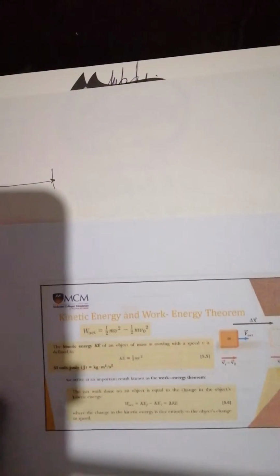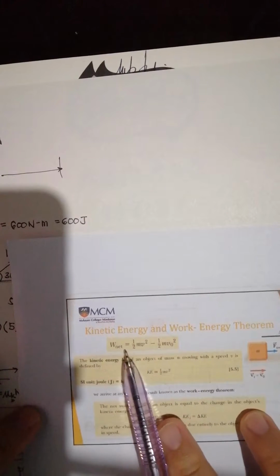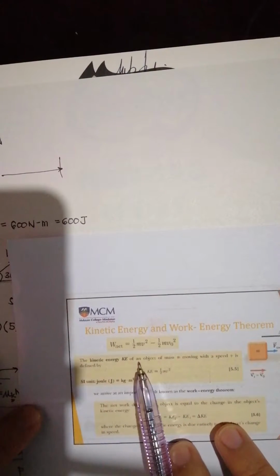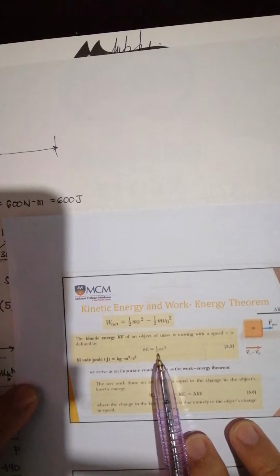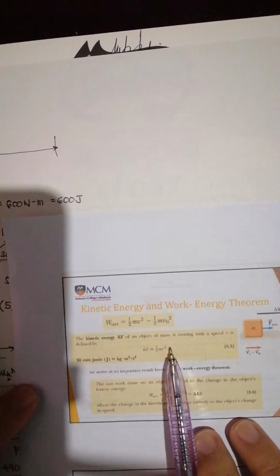Okay, let's proceed. Next we'll have kinetic energy and the work energy theorem. The kinetic energy of an object of mass m moving with the speed of v is defined by KE equals 1/2 mass times velocity squared.